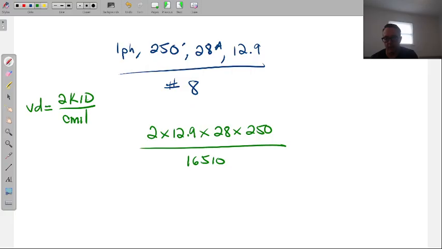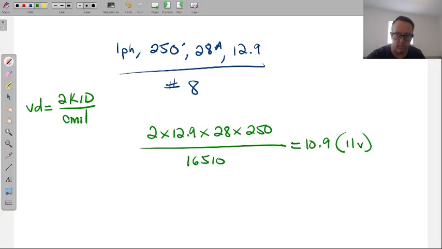All right, I'm going to run this through my computer here. Divided by 165. All right, so we should be looking at 10.938, so we can call that 10.9, and we could live with 11 volts if we wanted.